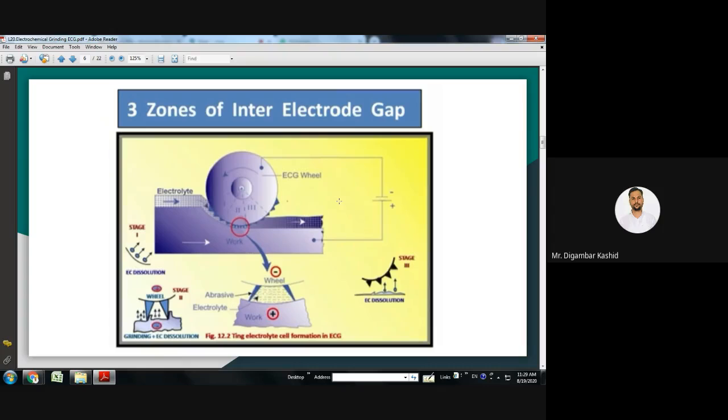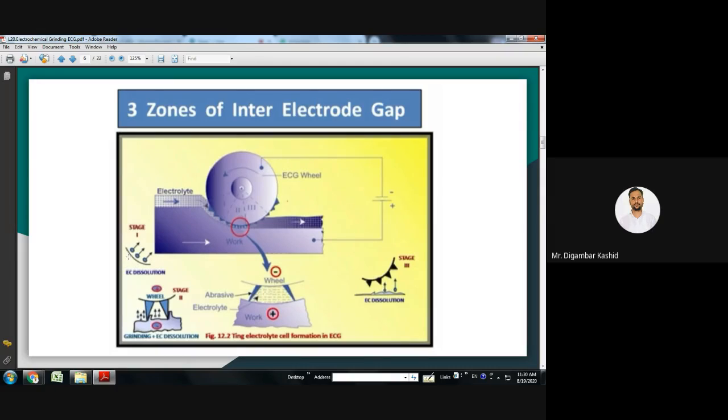Further, the electrolyte will be trapped between your abrasive particle and your workpiece surface, and it will form an electrolytic cell. In each electrolytic cell, a small amount of material from the workpiece will be electrochemically dissolved. So this is your zone number 1.